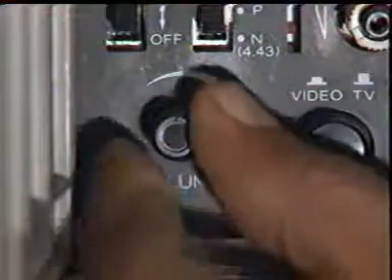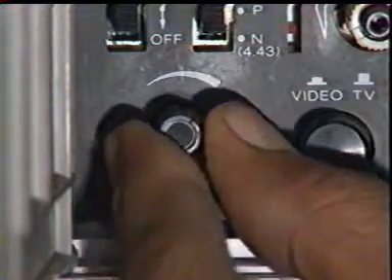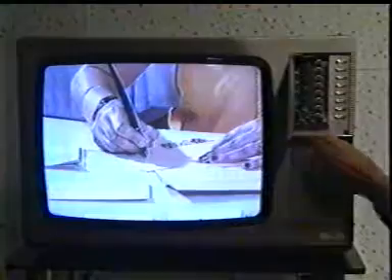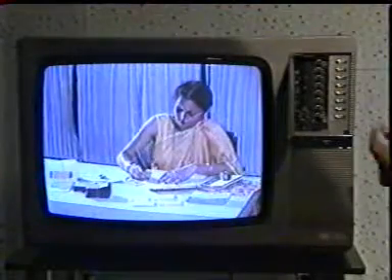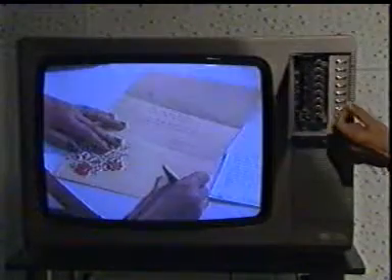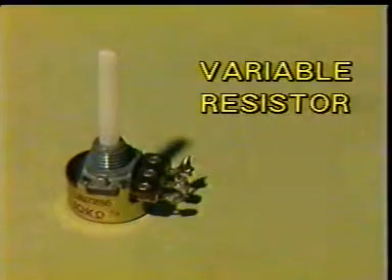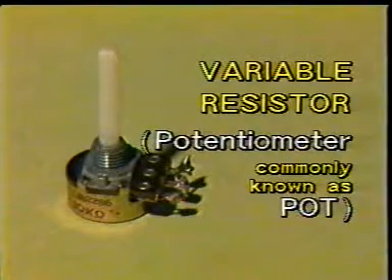For example, it is often desired to change the volume or loudness of sound, the brightness of a television picture, etc. Such adjustments are done by using variable resistors. A variable resistor is also referred to as a potentiometer, commonly known as pot.